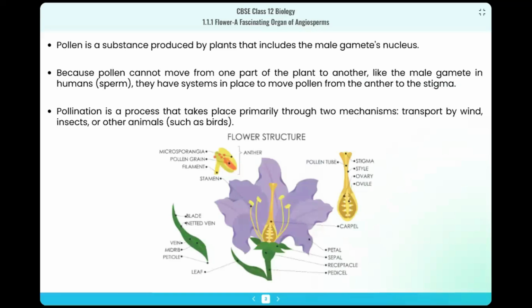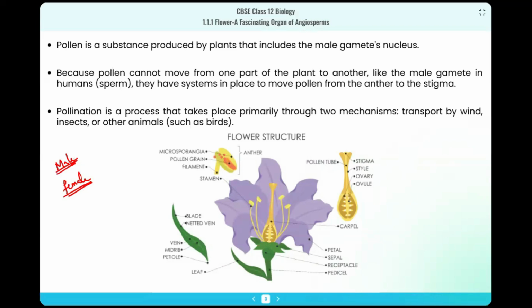Now, moving to reproduction, we need two gametes as well, isn't it? A male gamete as well as a female gamete. We just discussed the two reproductive organs, the female and male reproductive organ.